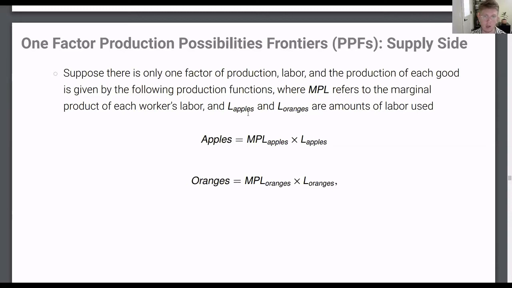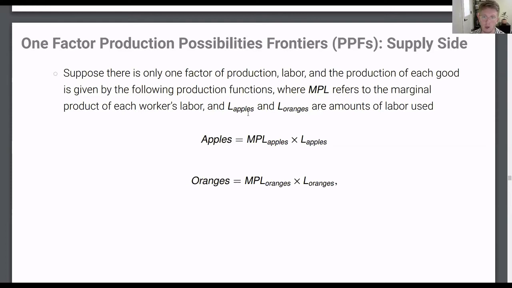And then L apples and L oranges are going to be the amounts of labor used. You can think of this as the hours of work spent in the production of apples and oranges, or the number of people. It doesn't really matter, but we're just going to think of those as the amount of labor used in the production process.